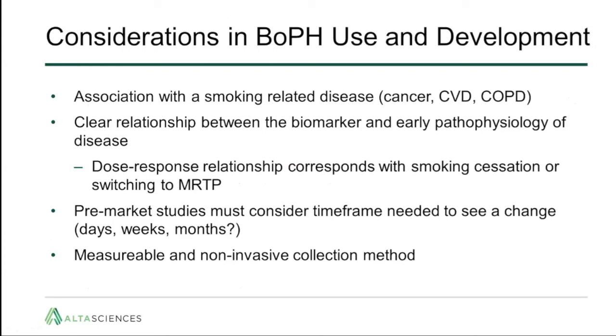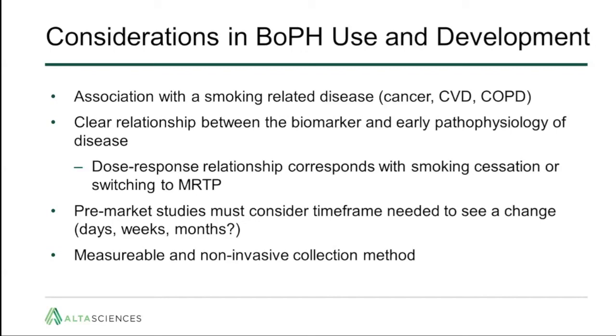When we look at the considerations in the use and development of biomarkers, the association with a smoking-related disease is important, what the risks are for cardiovascular, pulmonary disease, and cancer. There's a clear relationship between the biomarker and early pathophysiology of disease. So the dose-response relationships correspond with smoking cessation or switching to a modified risk tobacco product. Pre-marketing studies must consider the time frame needed to see such a change.